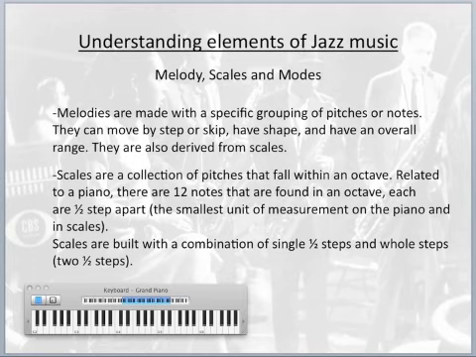Now, these melodies, when you listen to them, are made up of specific groupings of pitches or notes. And when you move from one to the next, they can be close together, like stepwise motion. So if we get our keyboard working here, there we go. Say, for instance, our melody starts on that low C there, and it goes up like this. That's pretty close together, and that's considered stepwise motion.